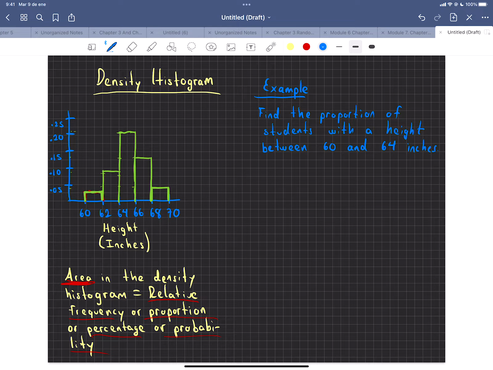So how do we do that? It's simple. Identify 60 and 64 here; it's going to be the area for these rectangles, this region here.